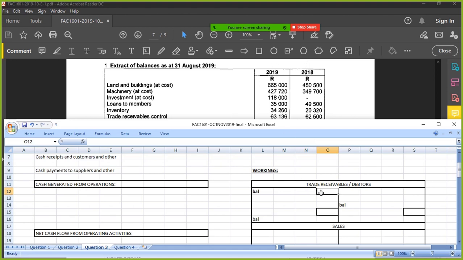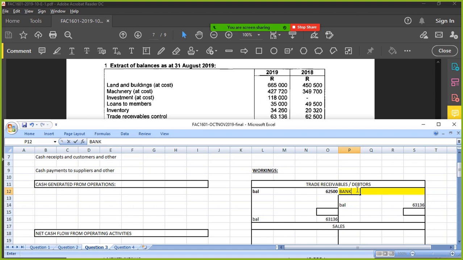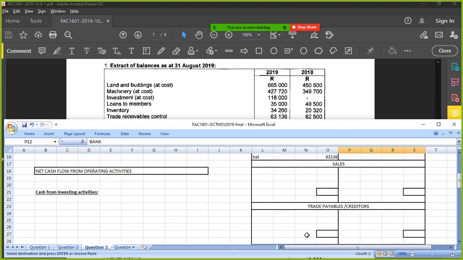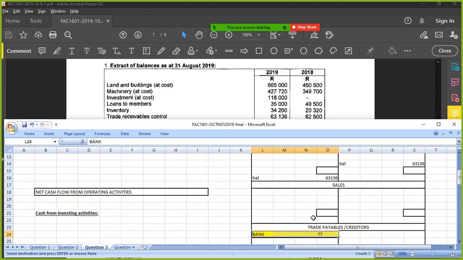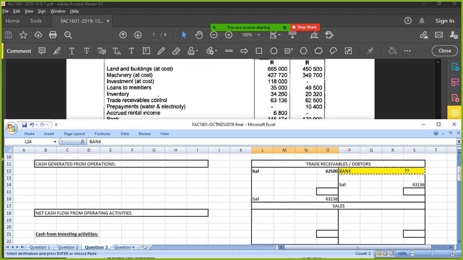So start 625, end 63136. I know in my receivables account I'm looking for bank. I know in my payables account I'm looking for bank.